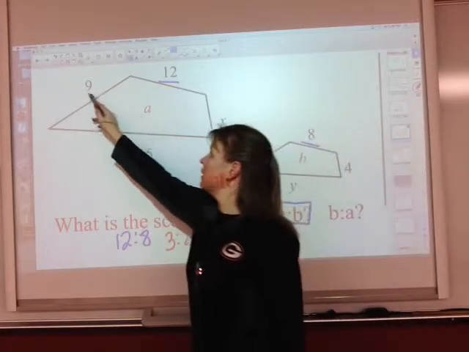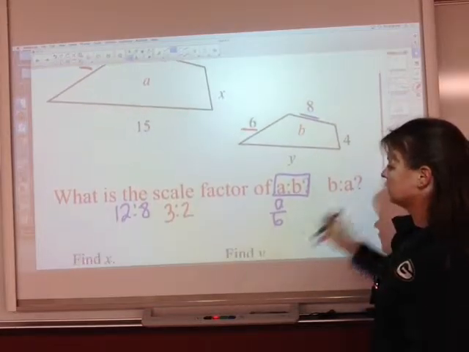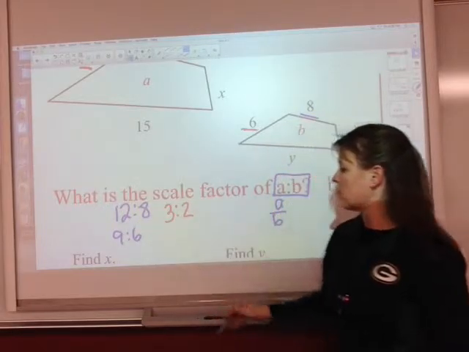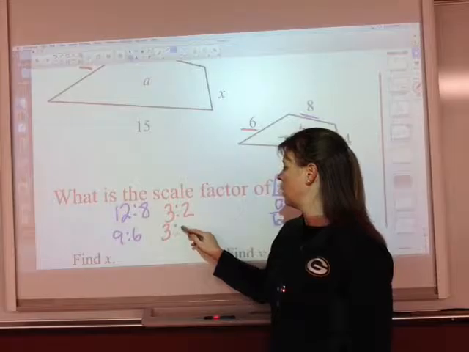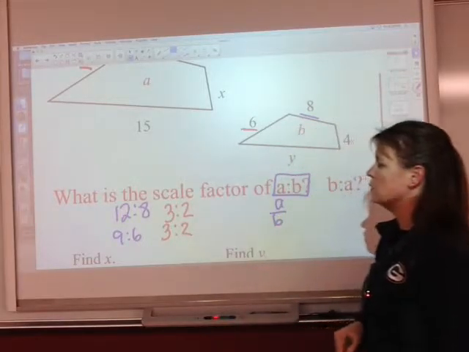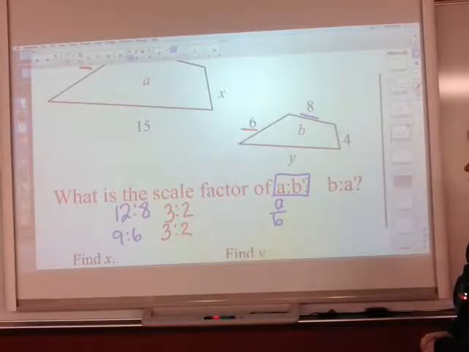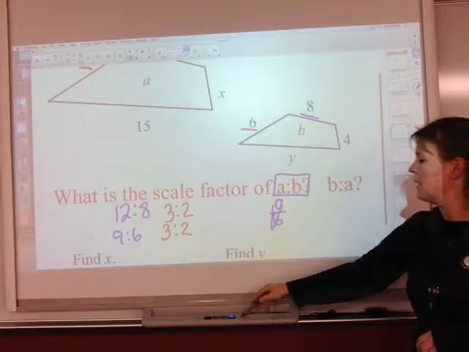I could also use 9 and 6, since those are corresponding sides. If I did 9 to 6, those are both divisible by 3. 9 divided by 3 is 3. 6 divided by 3 is 2. Either way, you get a scale factor of 3 to 2, no matter which two sides you pick. So to answer the question, what is the scale factor of A to B?